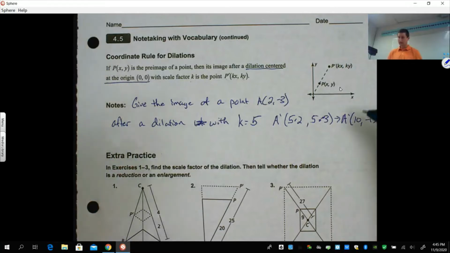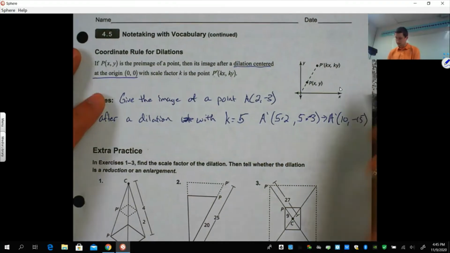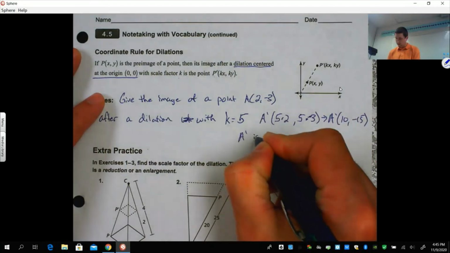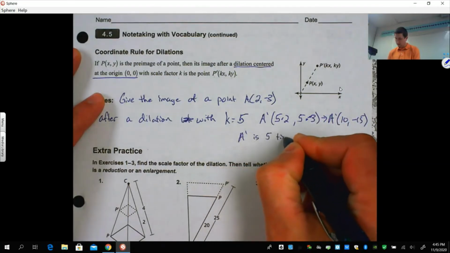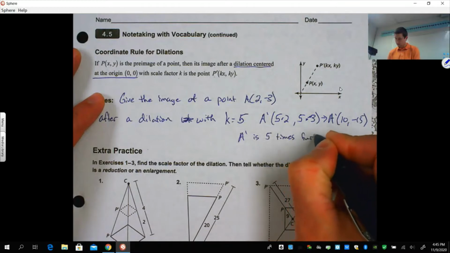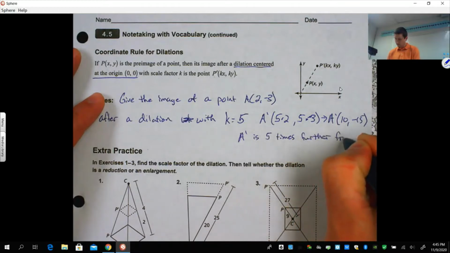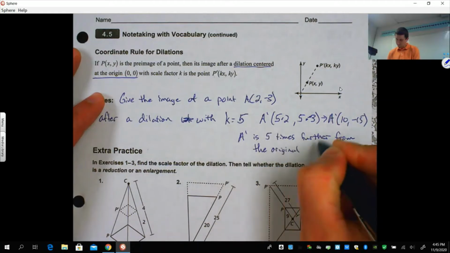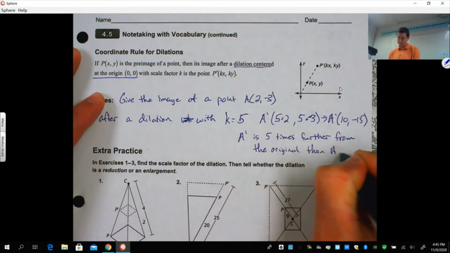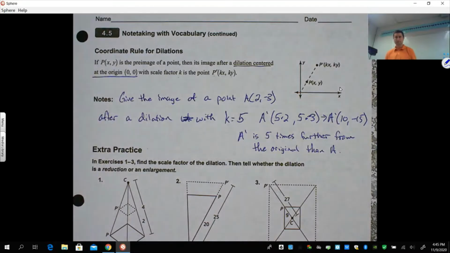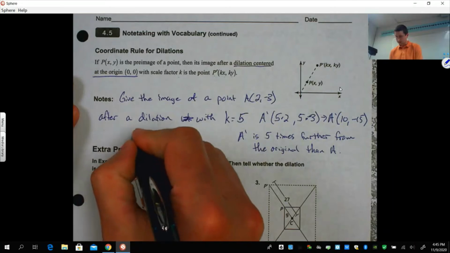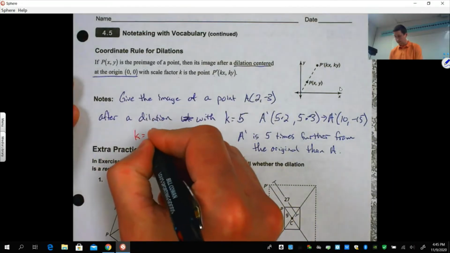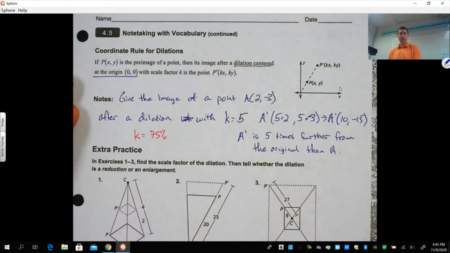It would be 5 times further from the origin than what it was. So A prime is 5 times further from the origin than A. Okay. What if they came about with, let's use the same point, they say k is going to equal 75%. They gave you a percentage.